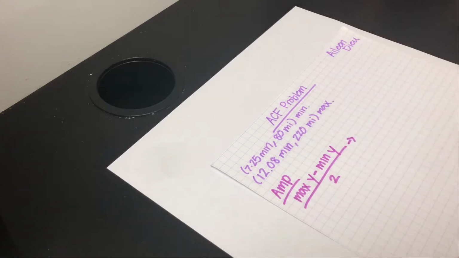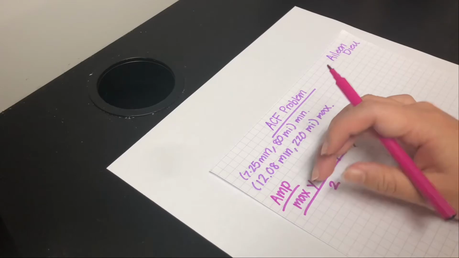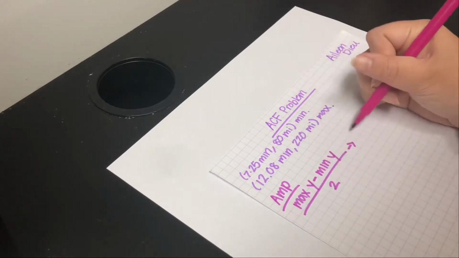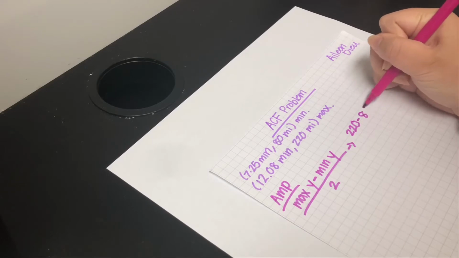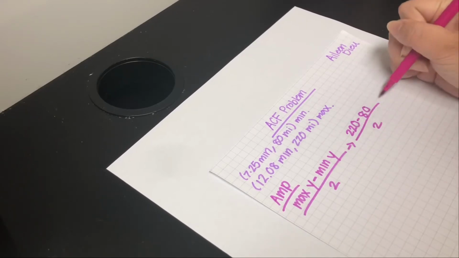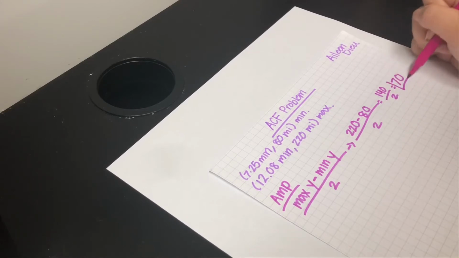So from these points, we can see that the max y is 220 minus the minimum, which is 80, divided by 2, is equal to 140 over 2, which is equal to 70 as the amplitude.